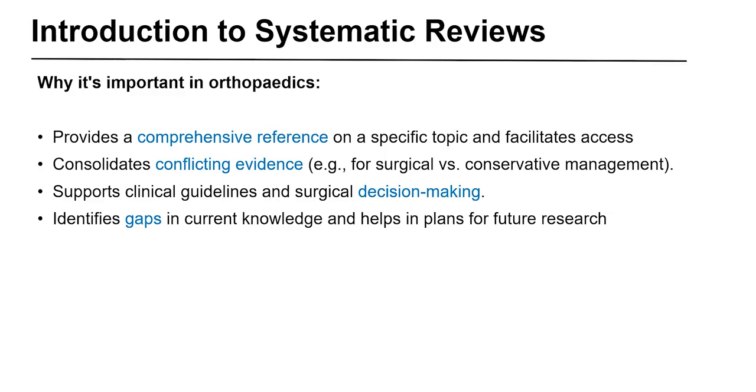This consolidates conflicting evidence. Sometimes there are different reports on different surgical techniques, management methods, and diagnostic tools, and through a systematic review one can know which one is better and which is worse, based on the currently published evidence. Obviously, this doesn't mean that this is the final verdict and no one can contradict it, but systematic reviews provide a good database of what we already have in the literature.